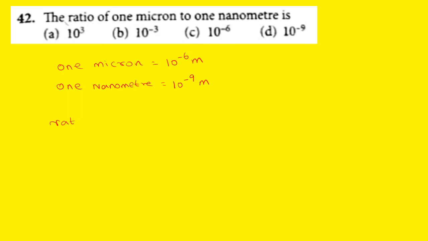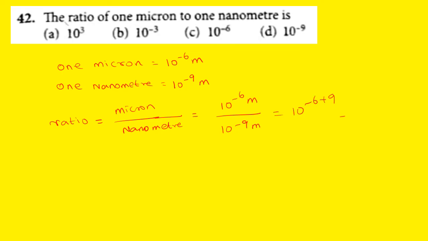So the ratio will be, they want micron to nano. So 10 to the power of minus 6 meter by 10 to the power of minus 9 meter. So minus 6 plus 9, which will give you 10 to the power of 3. So the answer is option A.